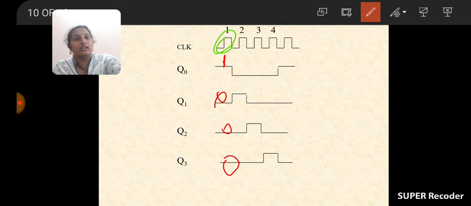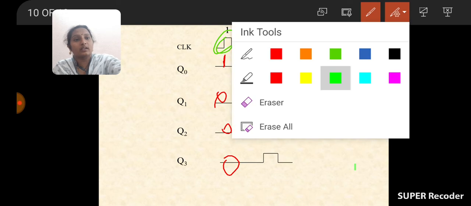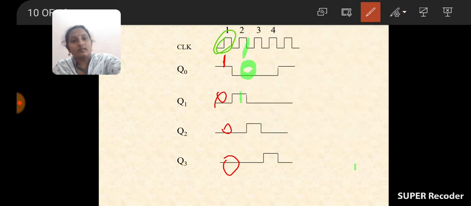For the second clock pulse Q0 is 0 but Q1 is 1, and Q2, Q3 are 0 0. So the first is 1 0 0 0, the second clock pulse is 0 1 0 0, the third clock pulse is 0 0 1 0, and the fourth clock pulse is 0 0 0 1.